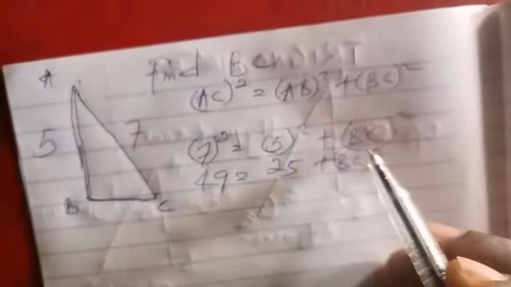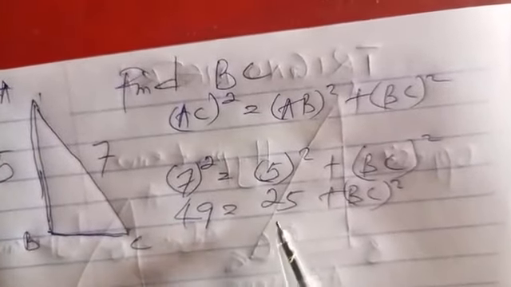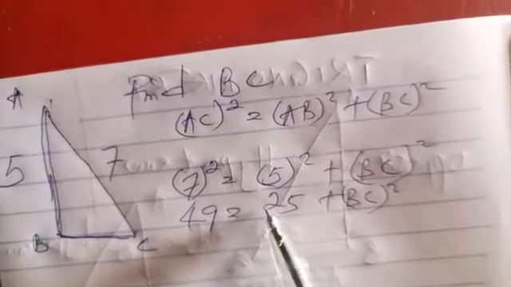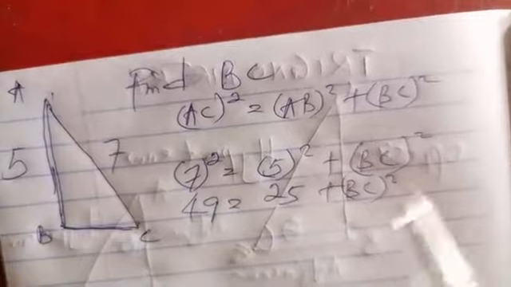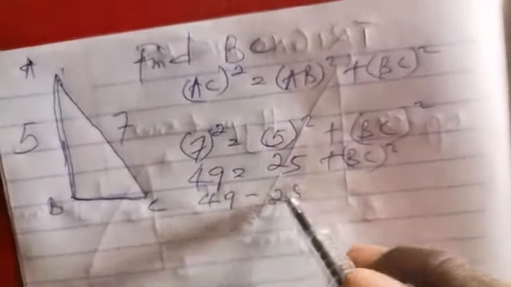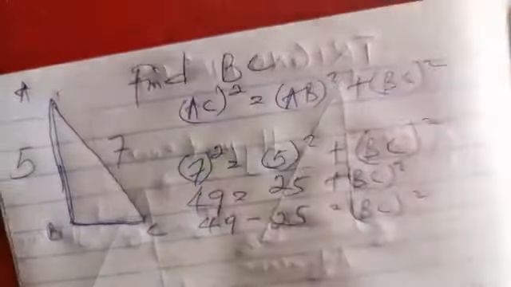But we are looking for BC, so what we do is send 25 over to the other side of the equation. Remember this is plus 25 and not minus, so if a positive sign crosses an equal to sign, it becomes negative. So we have 49 minus 25 equal to BC squared.